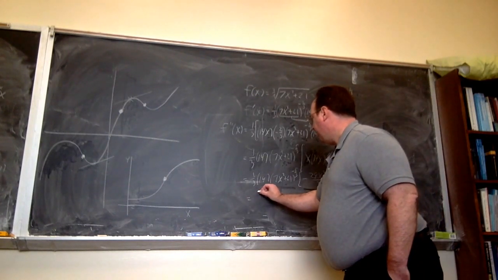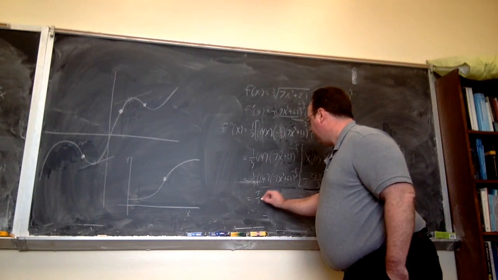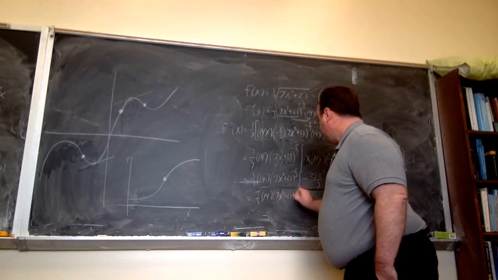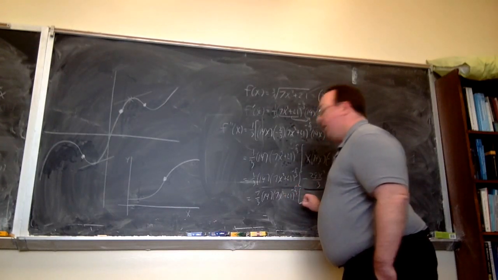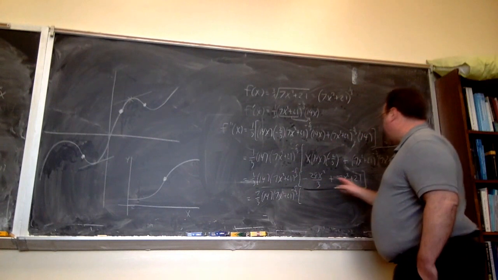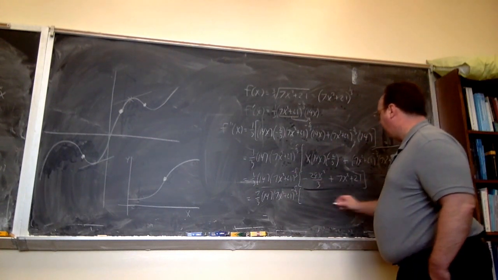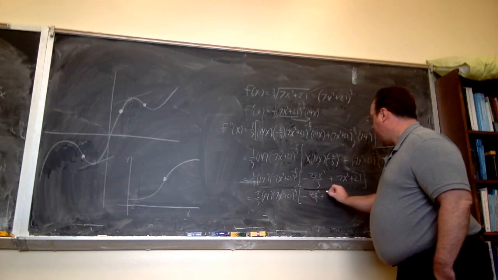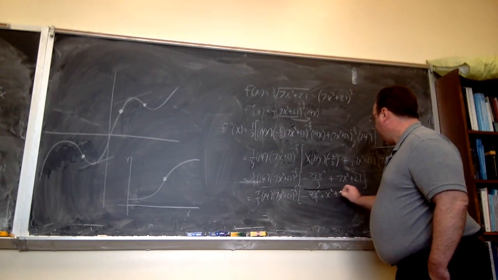So now I have 7/3 times 14 times (7x squared plus 21) to the minus 5/3. And now factoring 7 out of everything here, because the numerator is divisible by 7, I have minus 4x squared over 3 plus x squared plus 3.